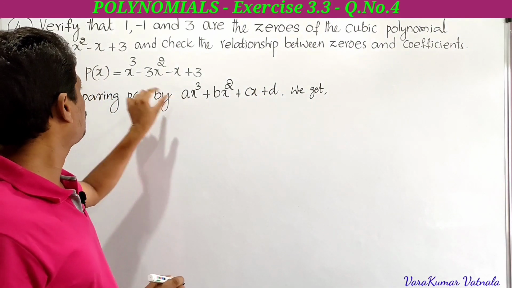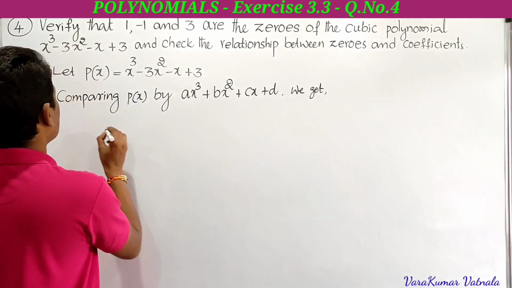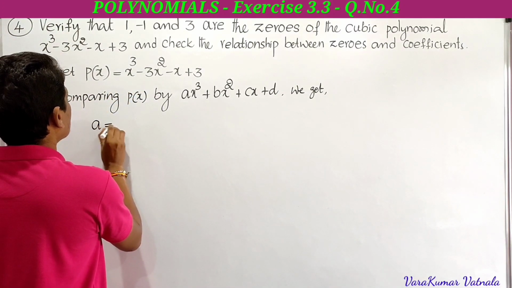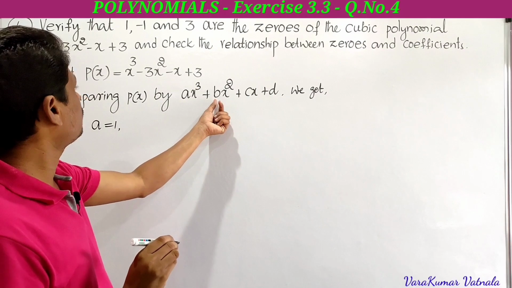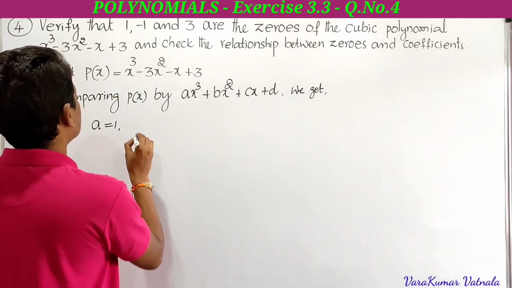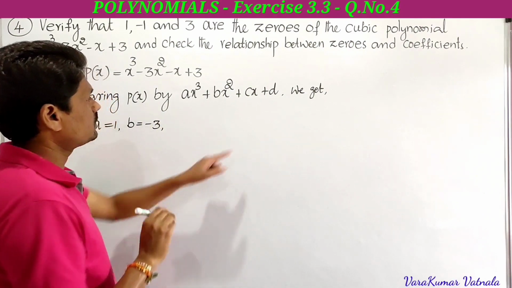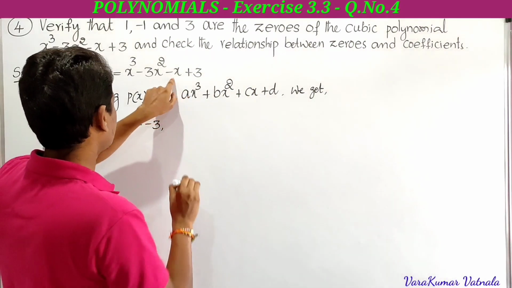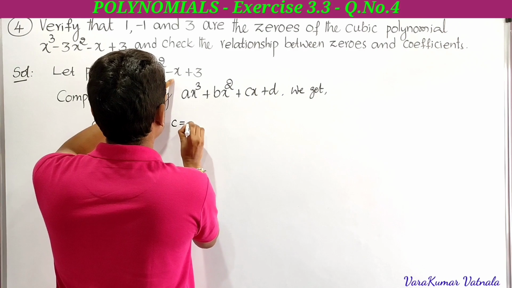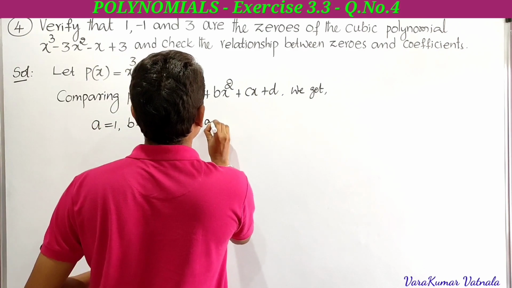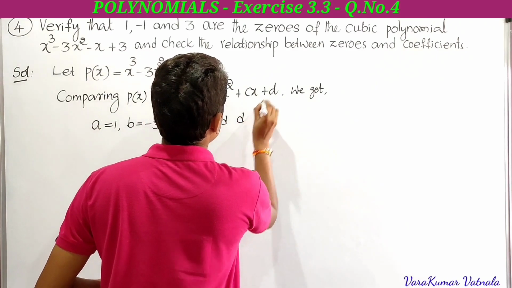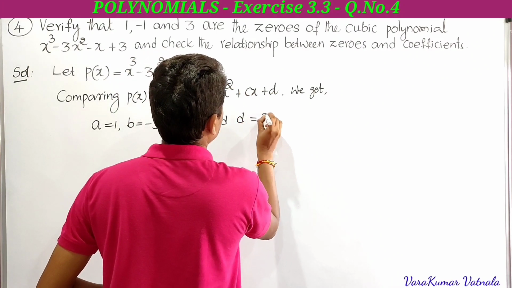Here a is the x cube coefficient, here x cube coefficient is 1, therefore a is equal to 1. So here b is x square coefficient, here x square coefficient is minus 3, b is equal to minus 3. Here c is x coefficient, here x coefficient is equal to minus 1, therefore c equal to minus 1. And here d is the constant, here constant is 3.